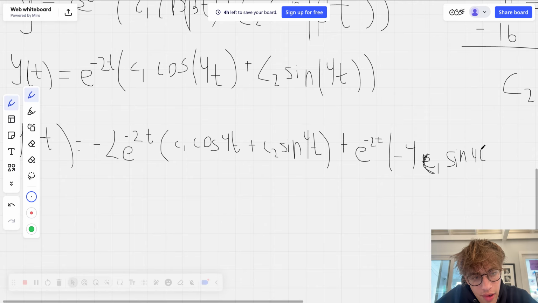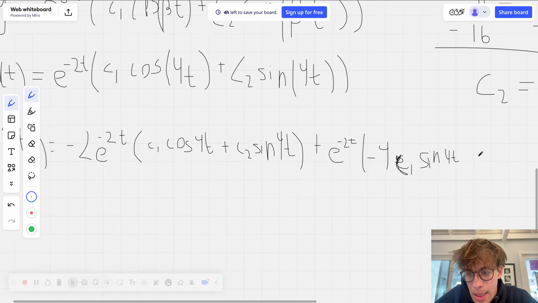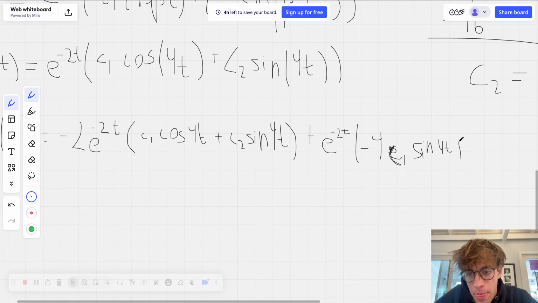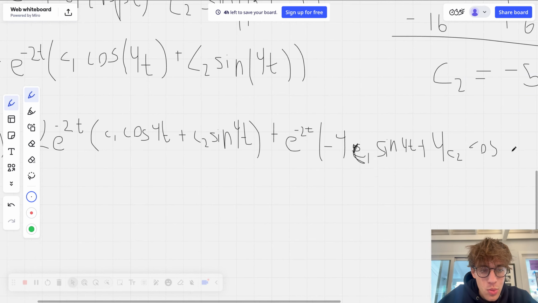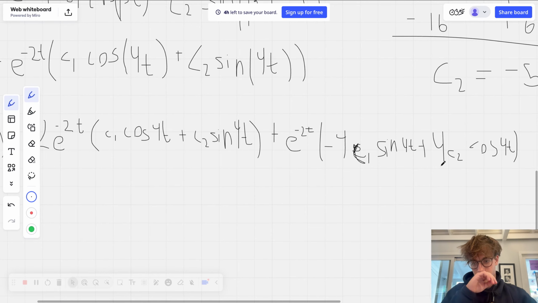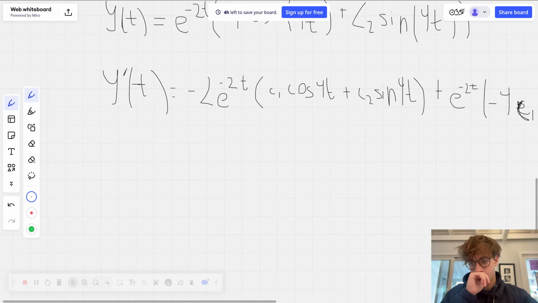I'm running out of room here. And then the derivative of sine is cosine, so plus 4c2 cosine 4t. All right, cool. So now we can start solving for C1 and C2.